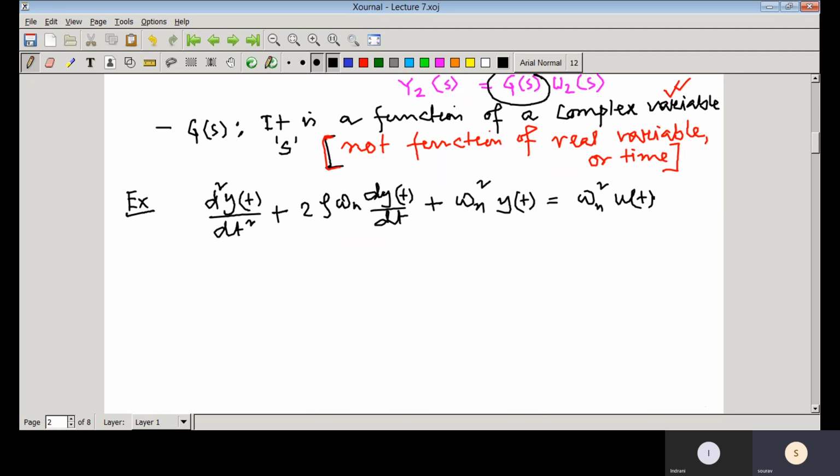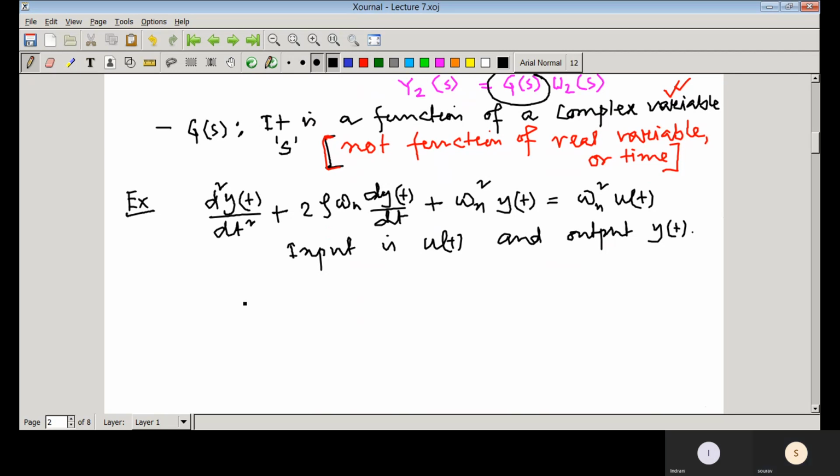Then, to find the transfer function of that system, we will be taking the Laplace transform. But before that, let us define what is u(t) and what is y(t). So the input is u(t) and the output is y(t).